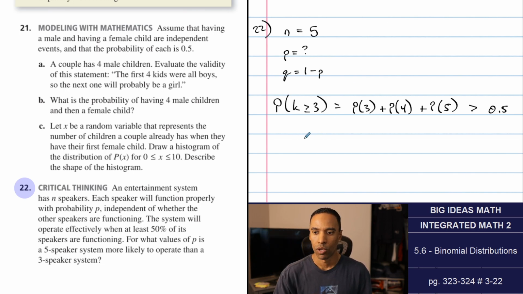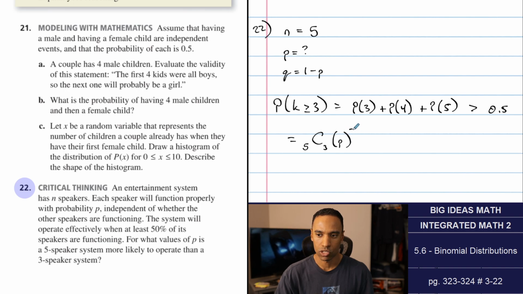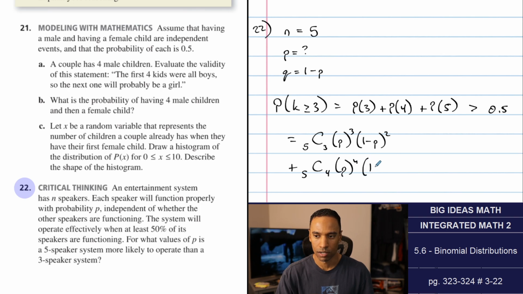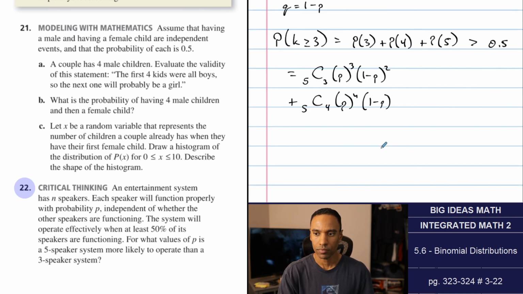So here's what we have. We have basically n choose k times probability raised to the k power times 1 minus probability raised to the n minus k power, plus n choose k here. You know what?